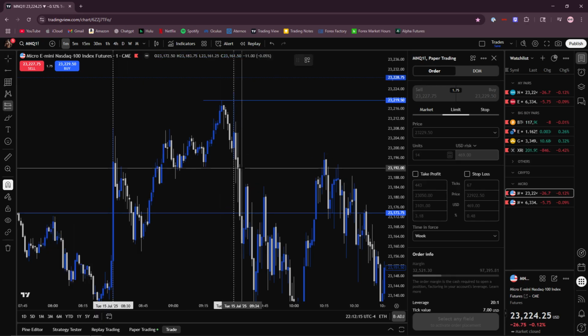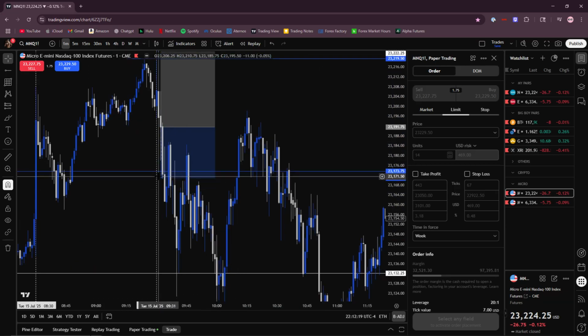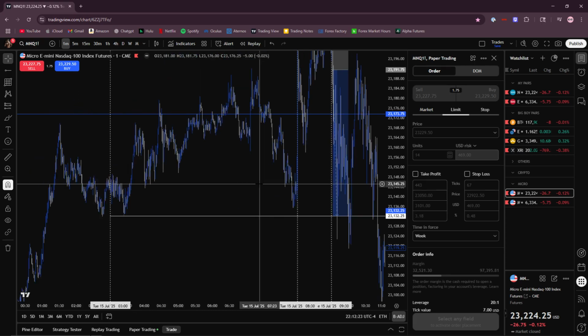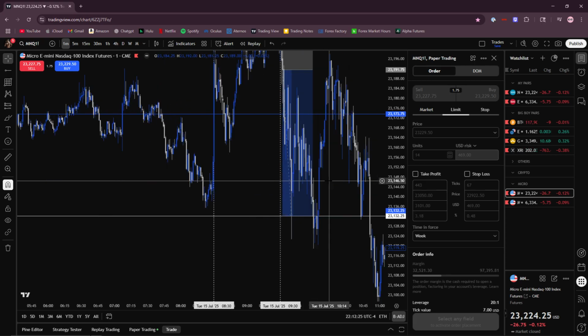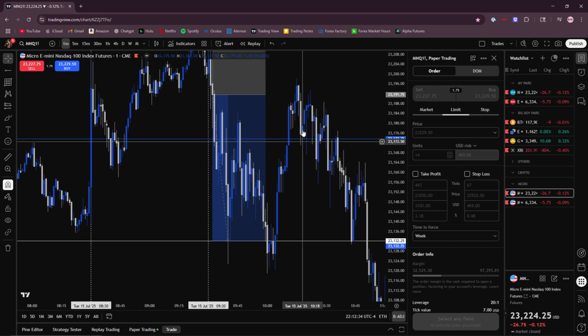So it would have been a short from here, stop loss up here, and you would have targeted this low right here, London session lows, which you end up getting hit really fast. They end up getting swept out really fast.